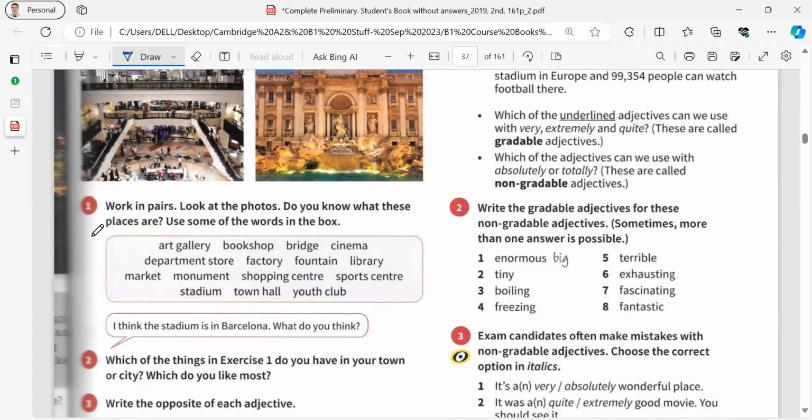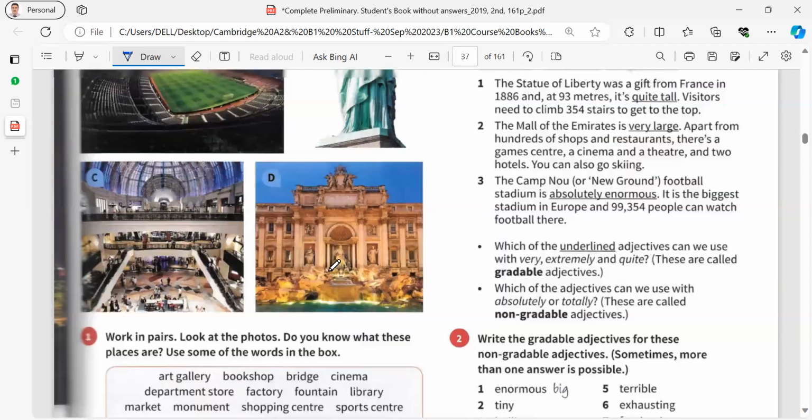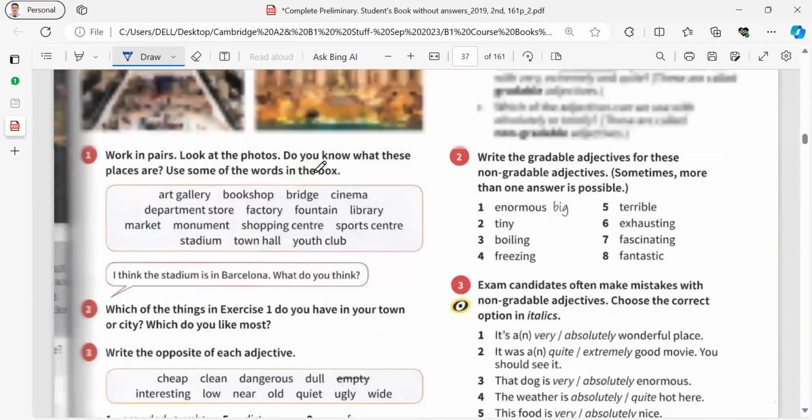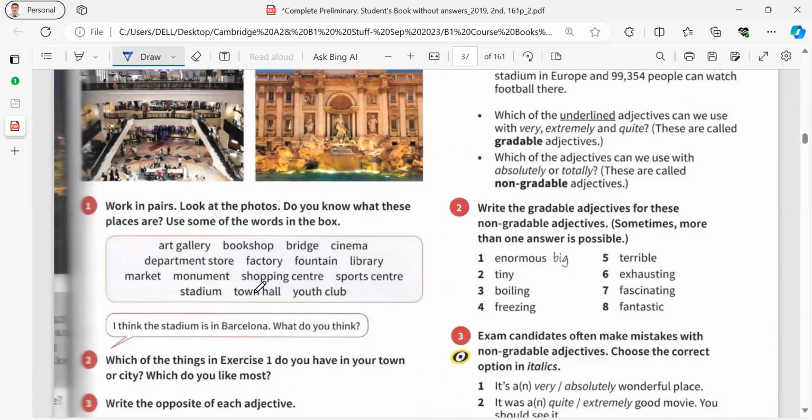Do you know what these places are? Okay. Just check the words in the box, please, and let me know if you have any difficult ones. I see stadium. Okay, and a market.